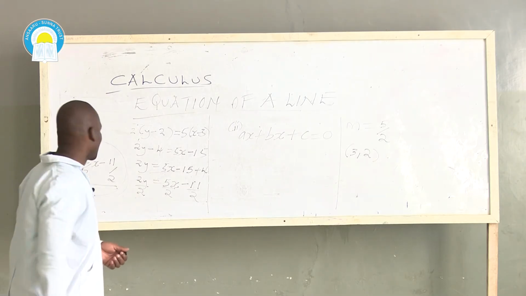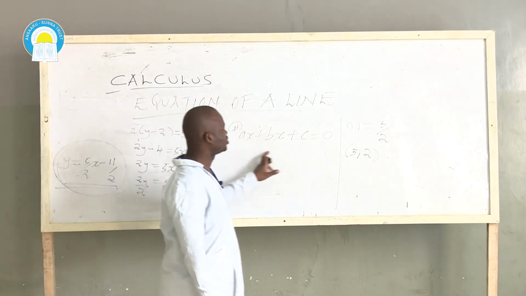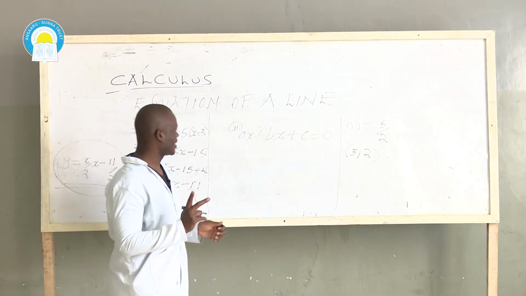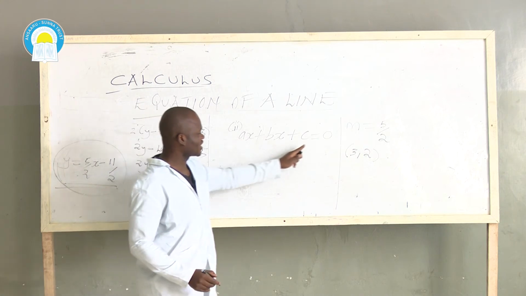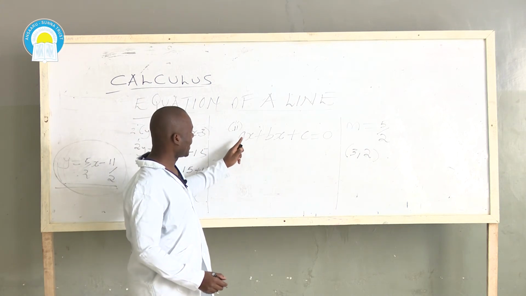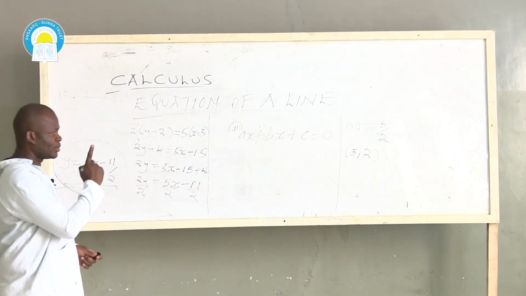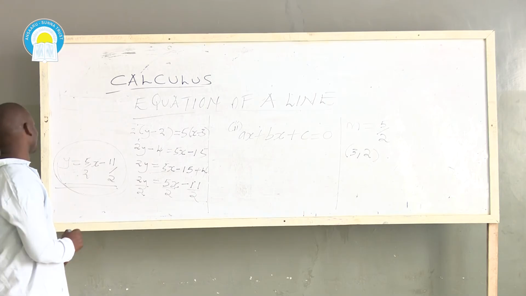So having found the equation in the previous form, we just modify it. What is the condition here? The conditions are 2. Number 1, every variable is on one side. Then a, b, and c should be integers, meaning we should not have fractions in our equation.